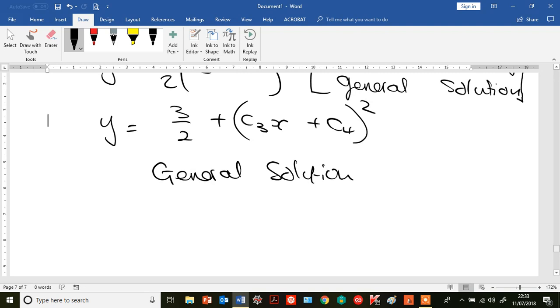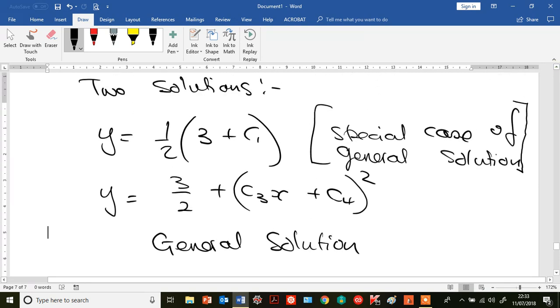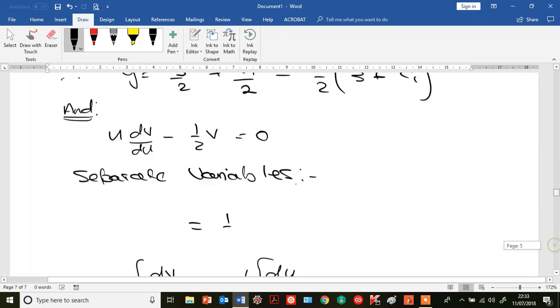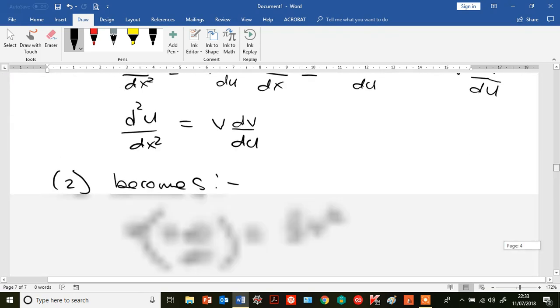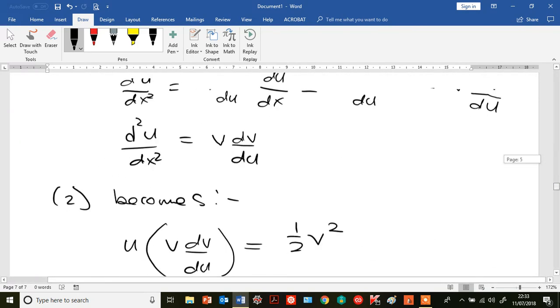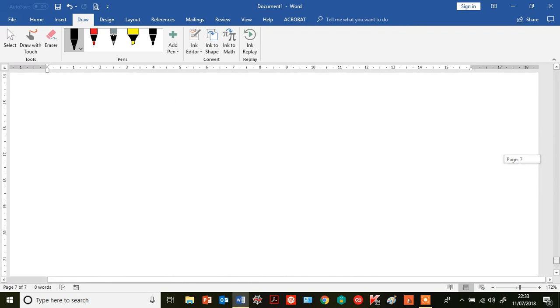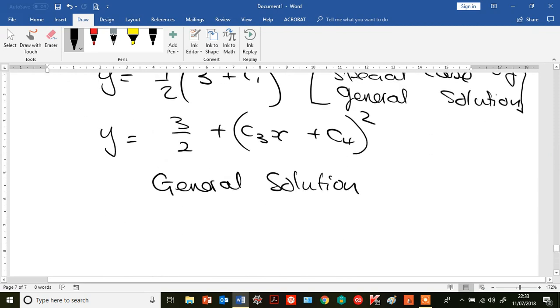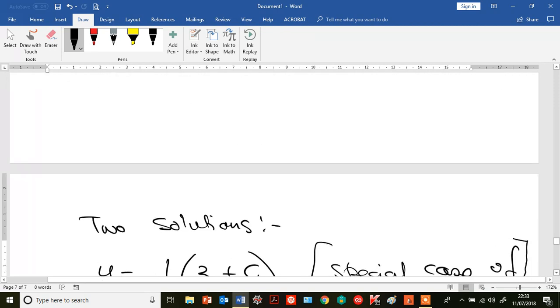There we are. I can't spell, can I? Right. So those are the solutions to equation 1 right at the top that we had at the beginning of the presentation, and you could, if you want, graph them and see what they're doing.